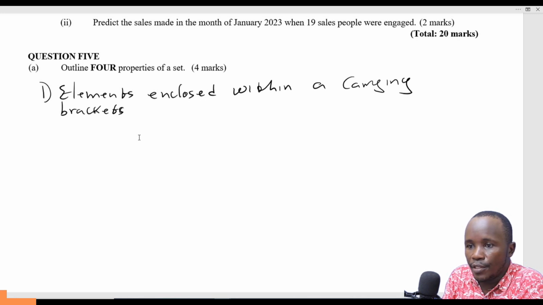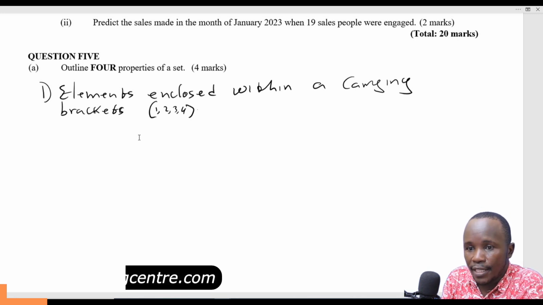What we mean by this is you need to put elements inside a bracket. You can have a bracket like this. You say 1, 2, 3, 4, etc. So that is the first property of a set.